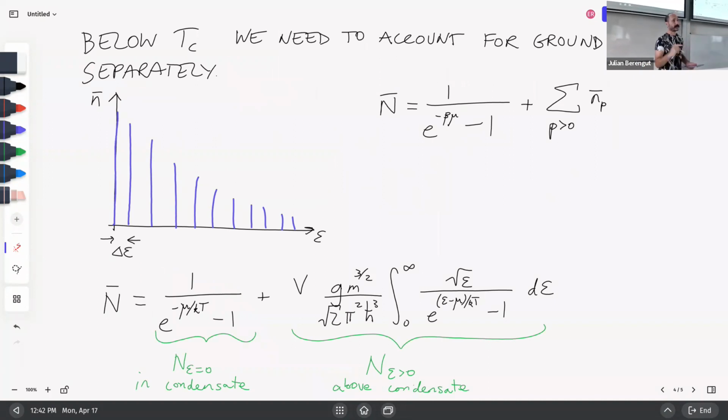Remember how we go from integrals to discrete values. The number that would be at this energy level is the number at epsilon equal to something, in dε. So the number at epsilon equals 50 electron volts, in dε, in some little gap, because these energy levels are very, very closely spaced. So the number that are at 50 electron volts in that little range dε is given by this number.